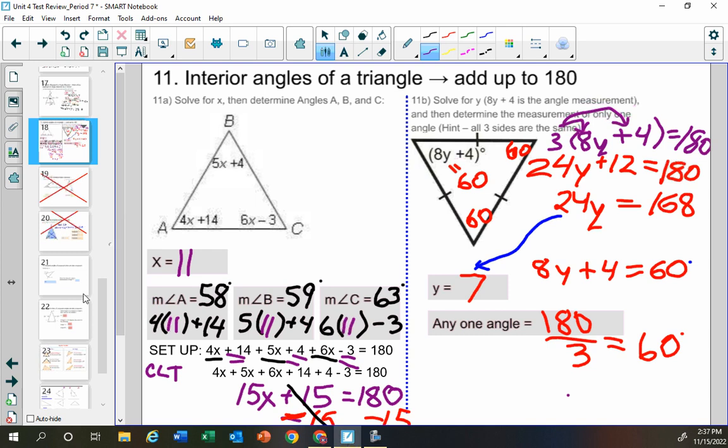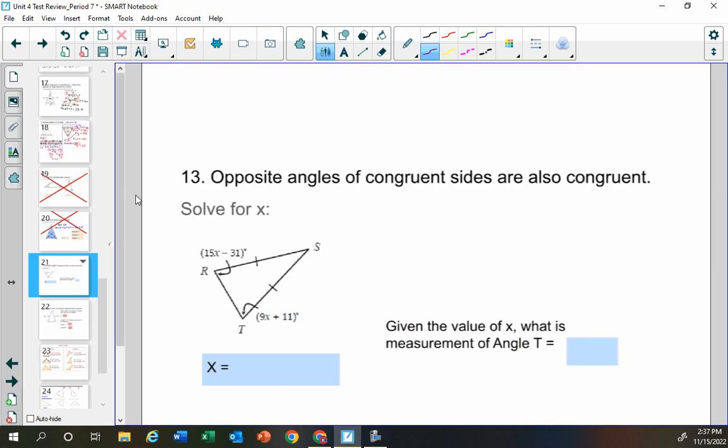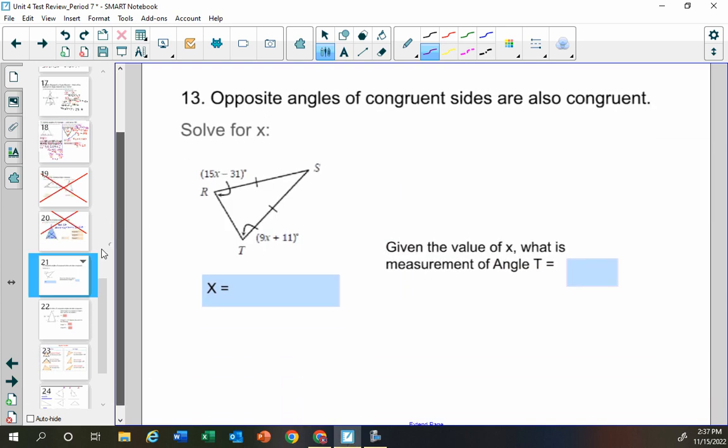All right. 21. Here we go. Opposite angles are congruent, sides are congruent. Here's our congruent sides.